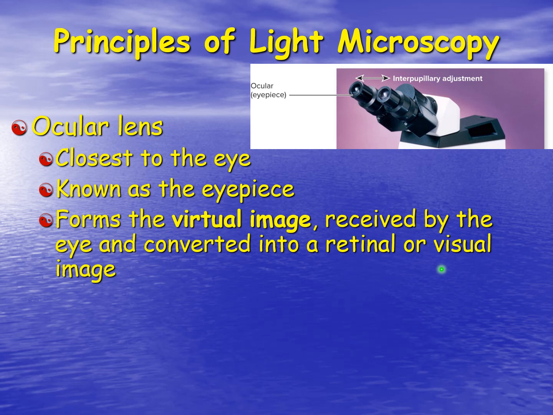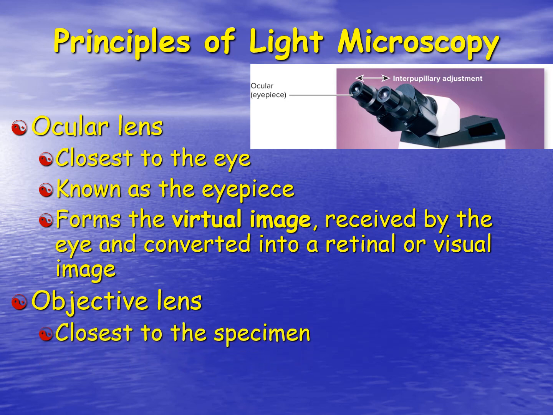This forms the virtual image, what your eye will actually see, and the eye will then convert it into retinal and visual images. The objective lenses are closest to the specimen, and on your microscopes we have a revolving nosepiece with 4 of these objective lenses. They form the real image that then will be refracted through the prism and the ocular lenses.